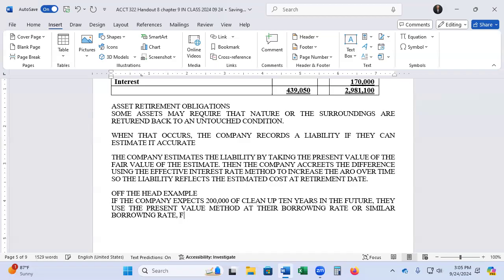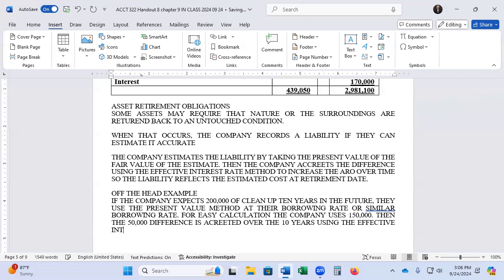And so let's just say, for easy calculation, 150,000. Then the 50,000 difference is accreted over the 10 years using the effective interest rate method.